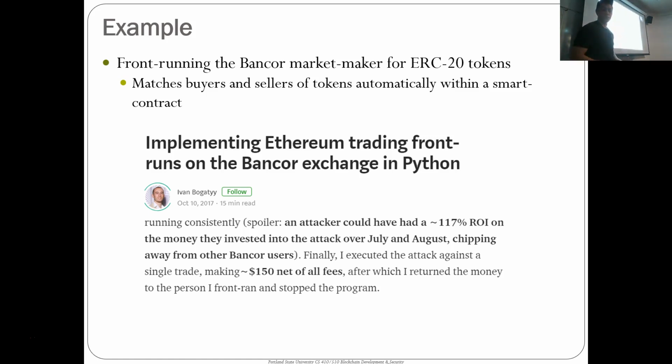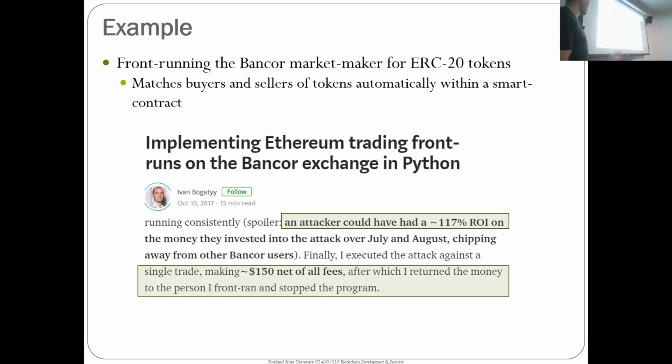And so this person figured out, this is a couple years ago, that you could get a 117% return on investment, and this was a proof of concept, so he basically was the intermediary for a bunch of these, set up a miner, and then for every transaction going through the Bancor contract, he inserted himself as a front-running market maker. And then was able to start making money off of this pretty easily.